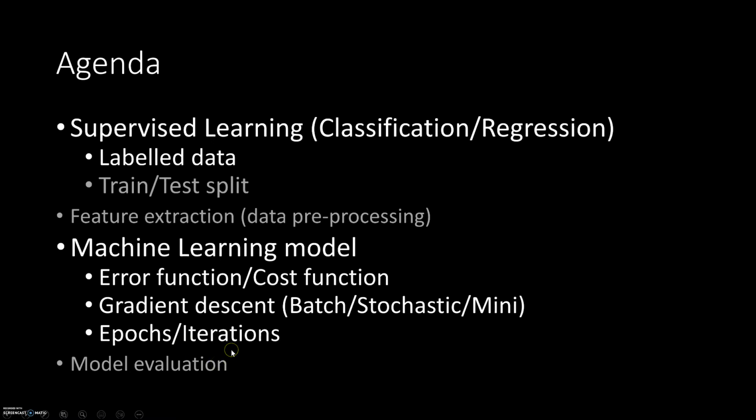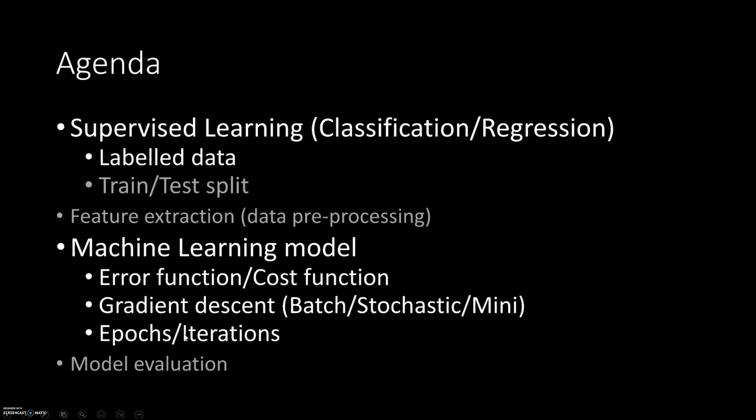Then, once the model is trained, we evaluate the model to know how good it is on a data set that it has not seen during the training, and that's really the end of the training process. I want to point out that in this video, I'm only going to focus on training a machine learning model.